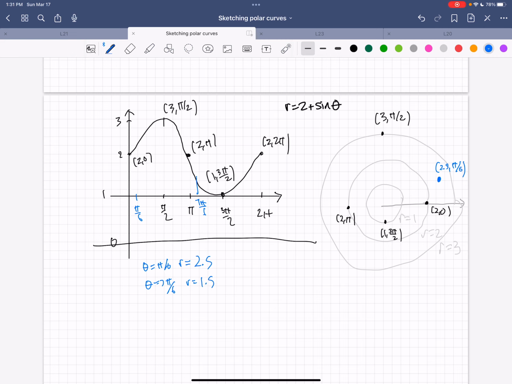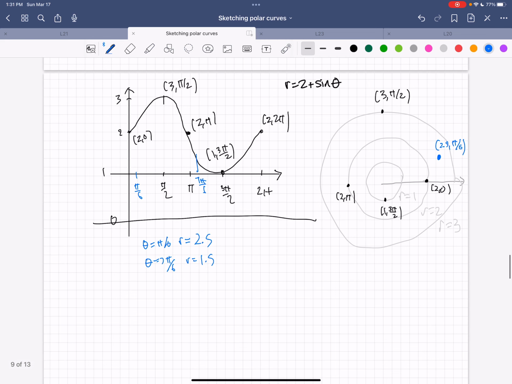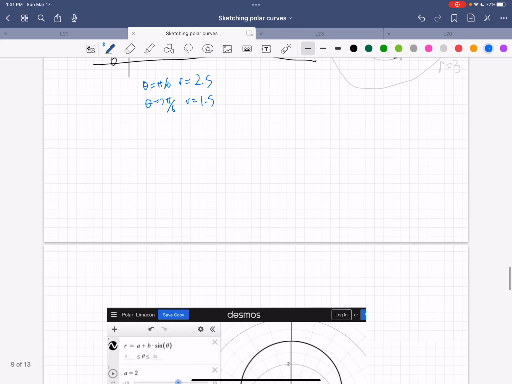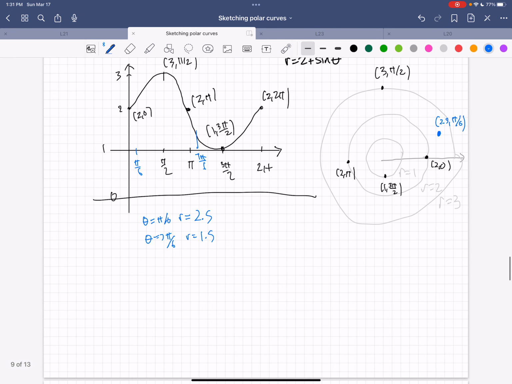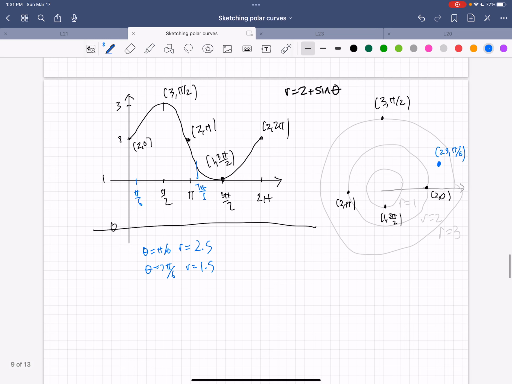So that's like 1, 2, so it's like, okay, wait, one second. This is a weird one. Okay, wait. 2 plus sine theta. Oh yeah, that's down here. Okay, yeah, cool.